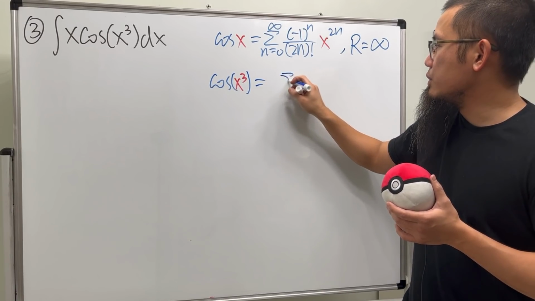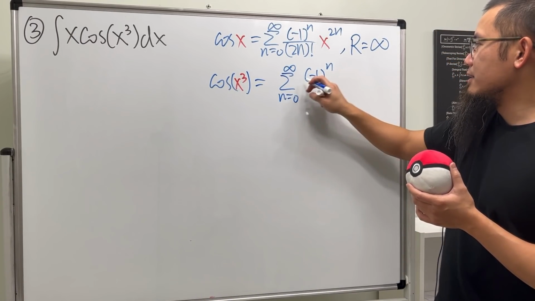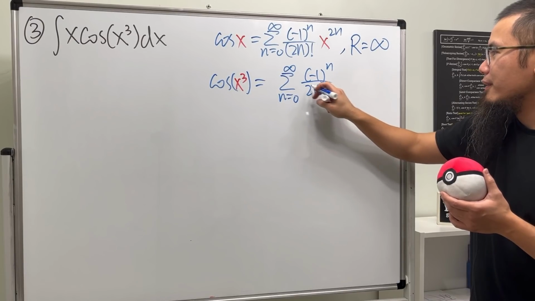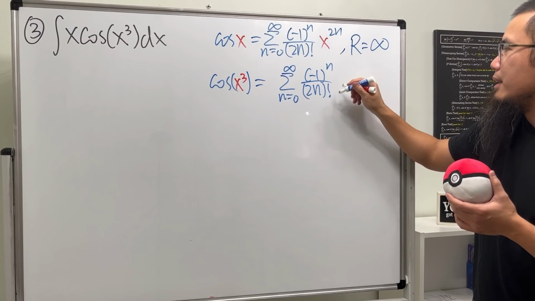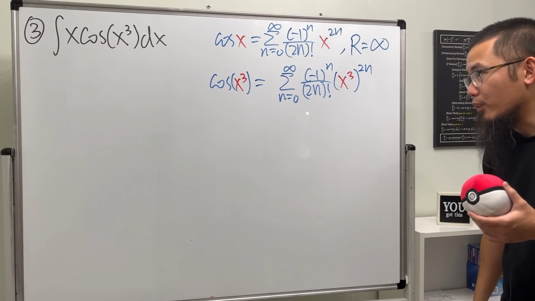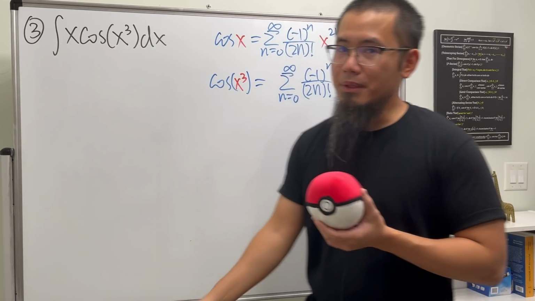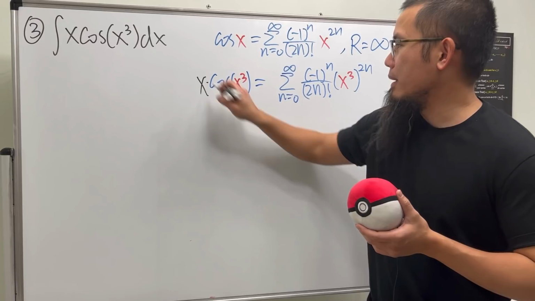So we have the series as n goes from 0 to infinity. And again, just write this down again. Right, 2n factorial, and then x to the third power, and then raised to the 2nth power. However, we do have an x in the front. That's totally okay. We're just going to multiply by that.